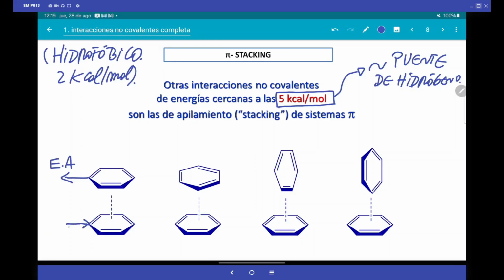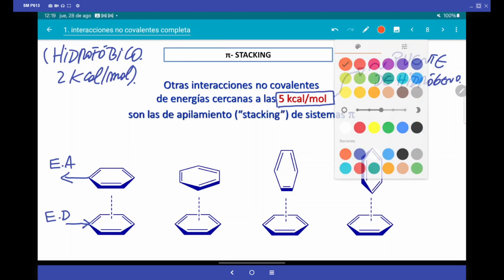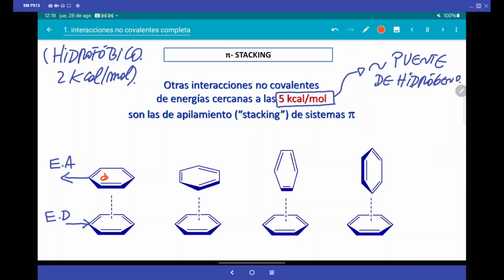Exactly so, we would have an electron-deficient ring and an electron-enriched ring, and that would strengthen the interaction. The P-stacking would theoretically work better if one has more, the other has little, and there the orbital cloud is better coupled. Different positions in space.